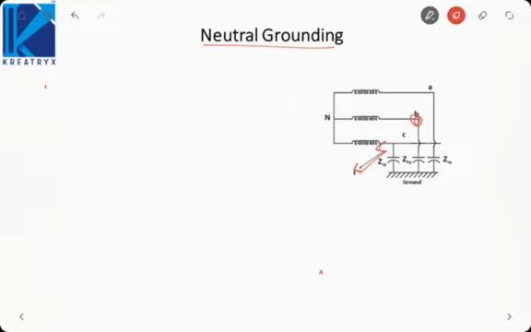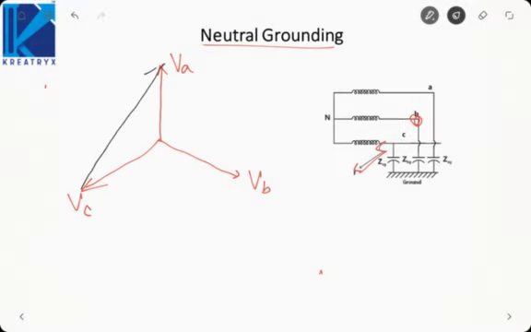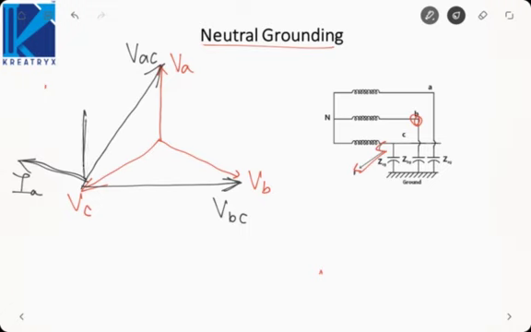So what will happen is, these are my balanced voltages, VA, VB and VC. Now VA will become equal to VAC, VB will become equal to VBC. So the line charging current in phase A will now be perpendicular to VAC. It will be like this, IA. Similarly, IB will be perpendicular to VBC. This will be IB.